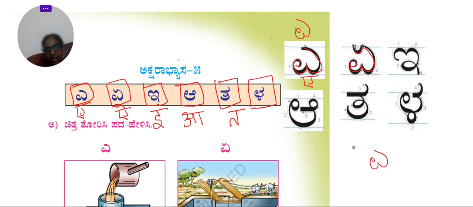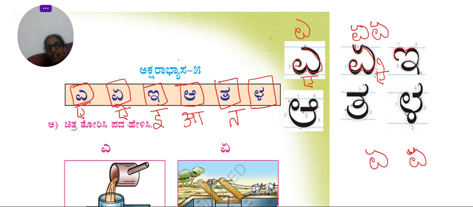A small dent like this. So that is A. This is the longer vowel.